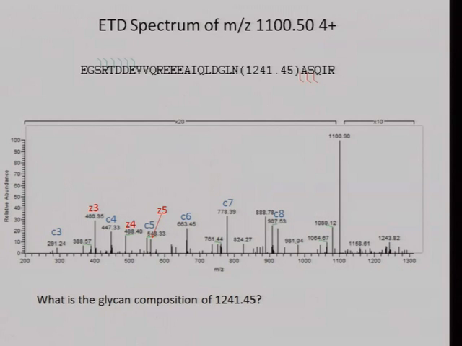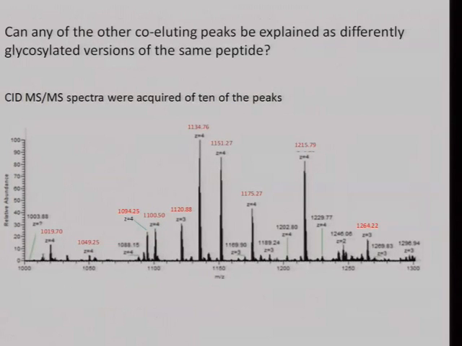I'm going to go through the first part of the talk, and then we'll go back and try and work out how to answer some of these questions. So this is the same spectrum as we were looking at earlier, and if you remember from my talk yesterday, neutrally charged glycopeptides generally co-elute. So the question is, are any of these other peaks that we're seeing in this spectrum differently glycosylated versions of that same peptide?